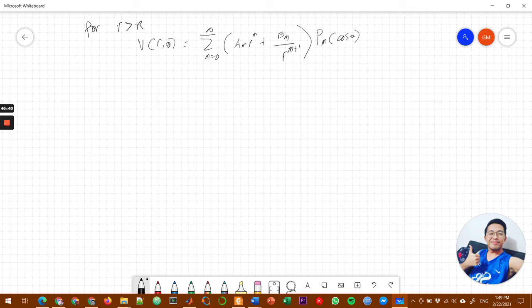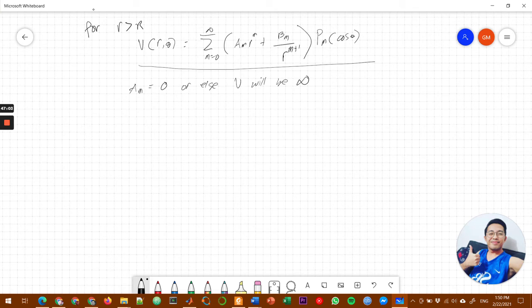So for r greater than R, given this solution, a sub m this time around should be 0, or else V will be infinite. Okay, we don't want that.